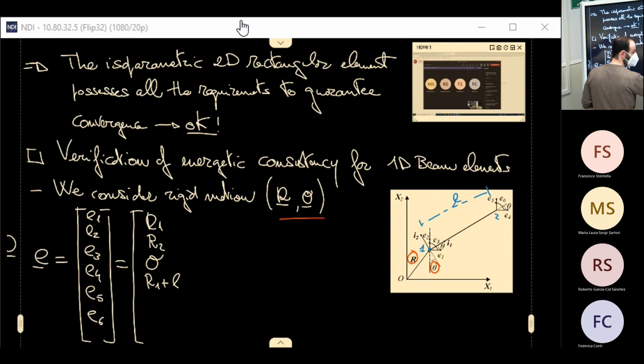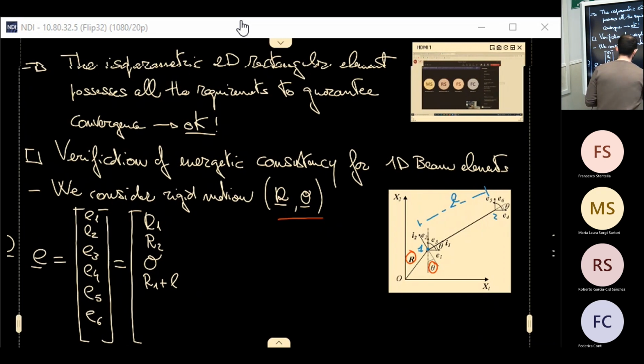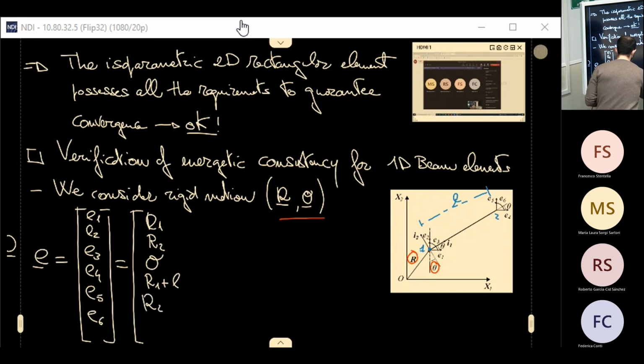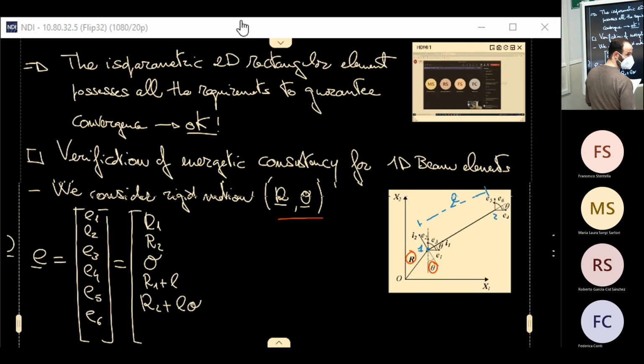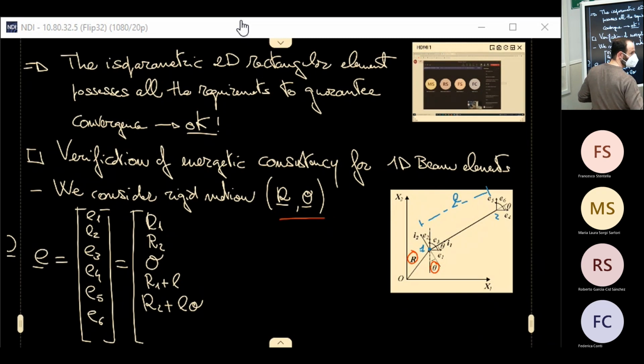How about the vertical? R2 plus... They would not be physically consistent. And the last one, the orientation of the second node. Remember that it's a rigid motion, so it has to be the same. So this is very easy.